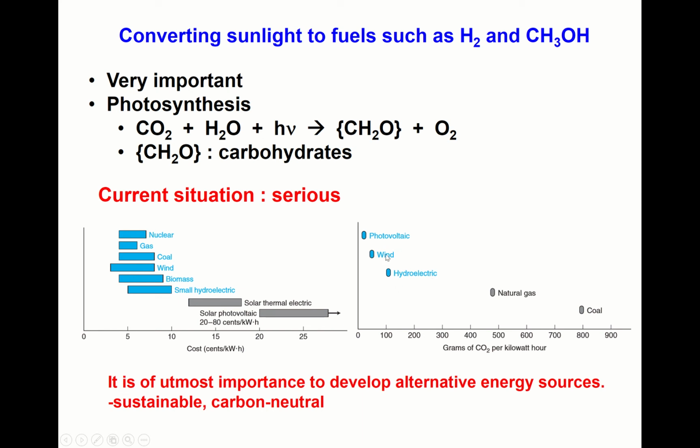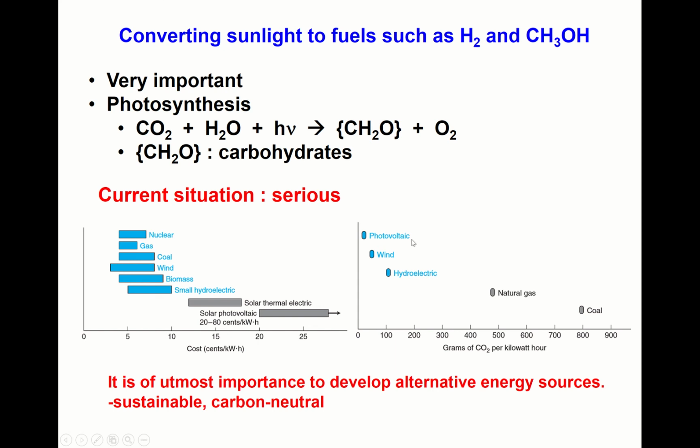Wind power, I said, is absolutely clean energy, but in operating the wind power plant, you may generate a small amount of CO2, but it is tolerable. And the photovoltaic cell is the most promising in terms of CO2. It produces the smallest amount of CO2, so in this sense, this is the best one.